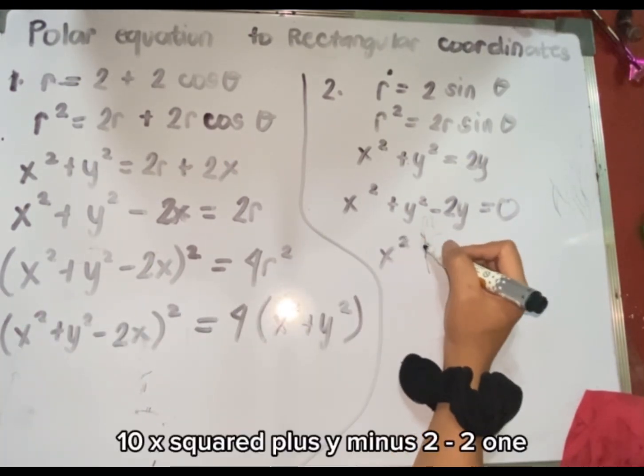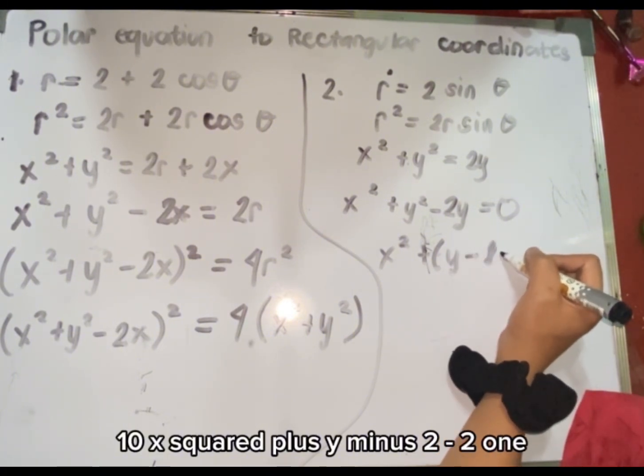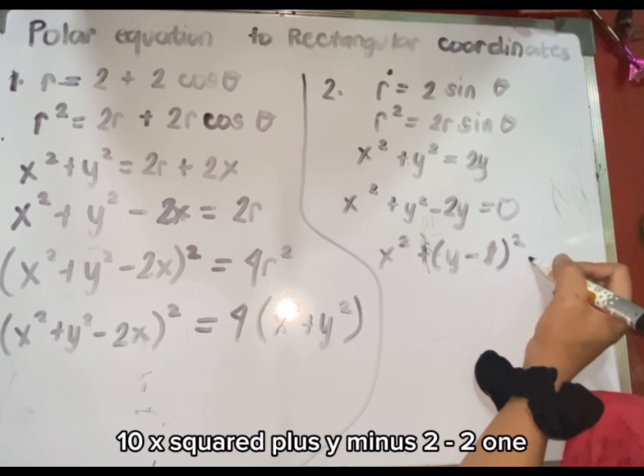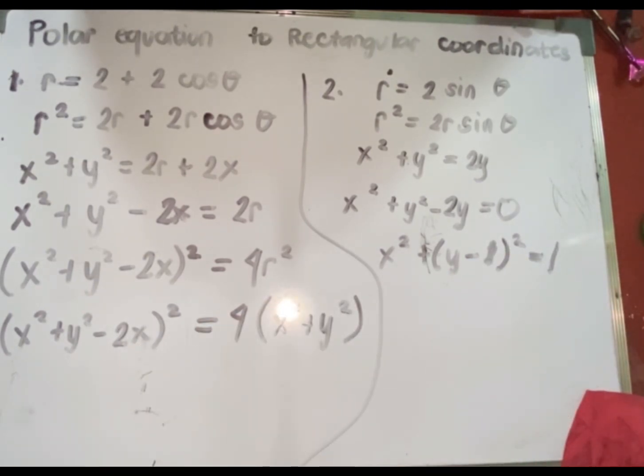Then x squared plus y minus 1, squared, is equal to 1.